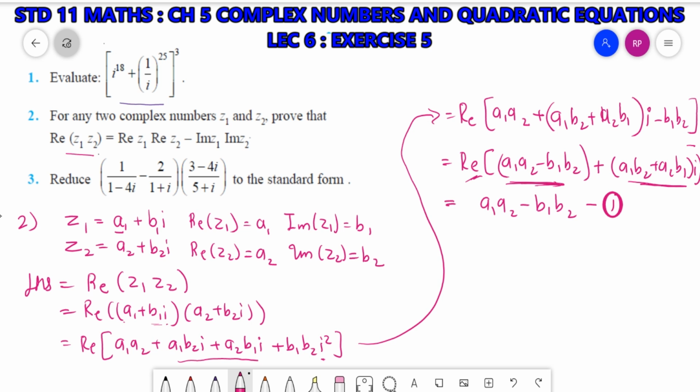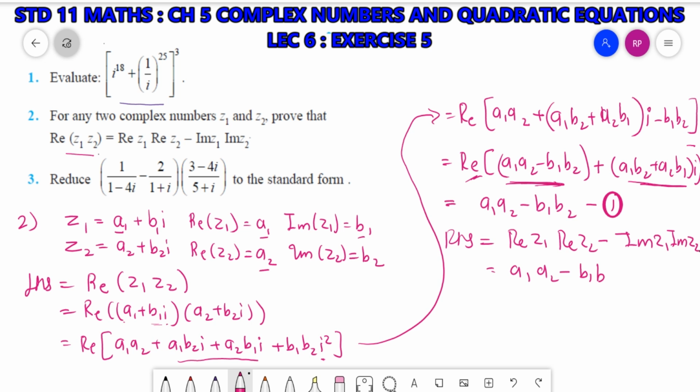Now let's take RHS, that is the real part of Z1 into the real part of Z2 minus the imaginary part of Z1 into the imaginary part of Z2. So what is the real part of Z1? a1. The real part of Z2? a2. Minus the imaginary part of Z1? b1.